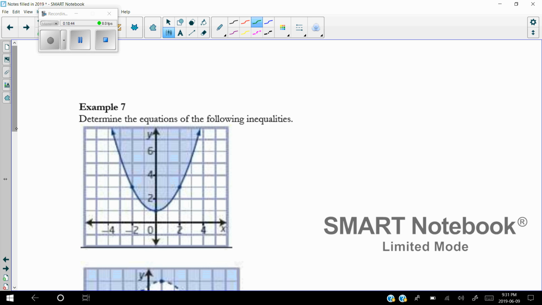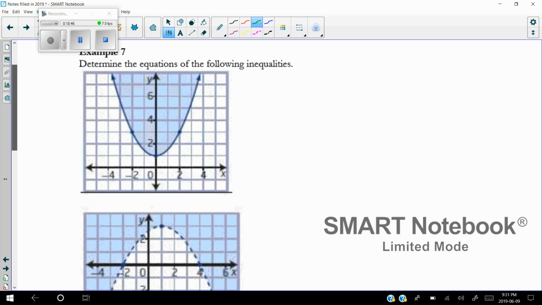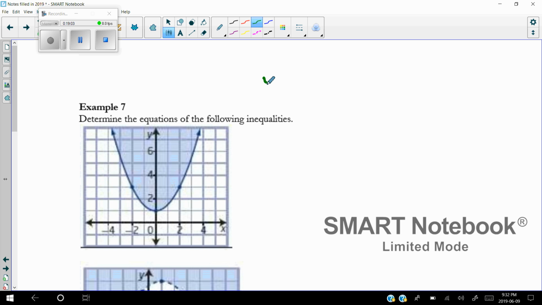So I like these questions because it's a good review. You guys know you have your final exam coming up here in a couple weeks. And this is going to remind us how to write a quadratic function. So remember that all quadratic functions can be written in the form y equals a(x minus p) squared plus q.